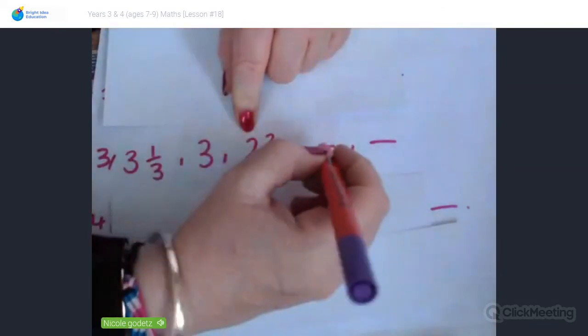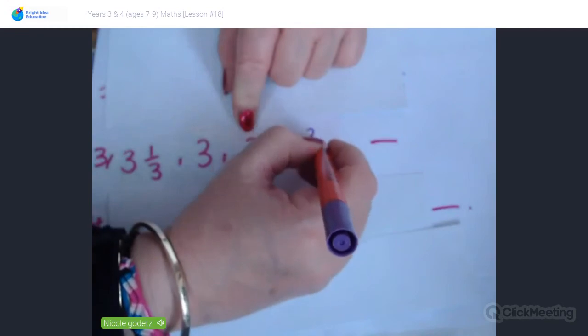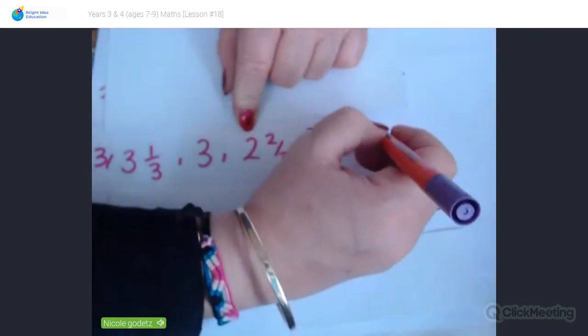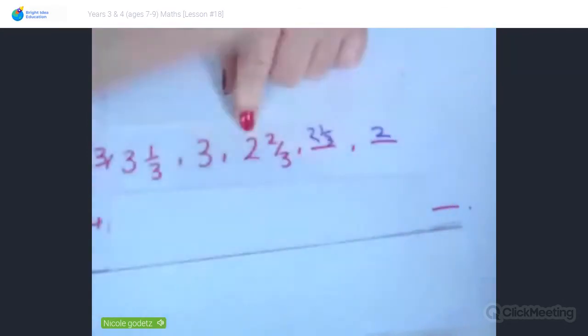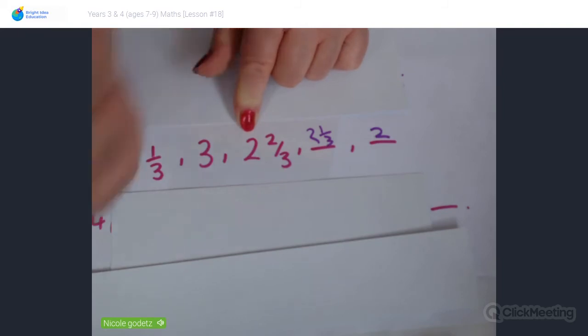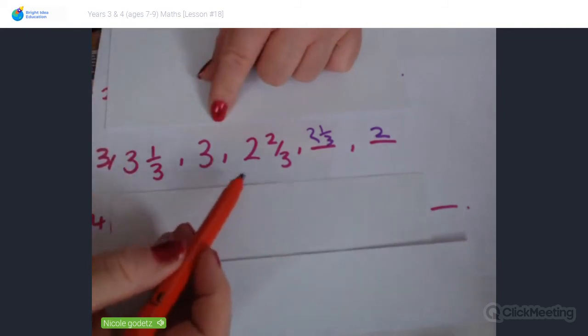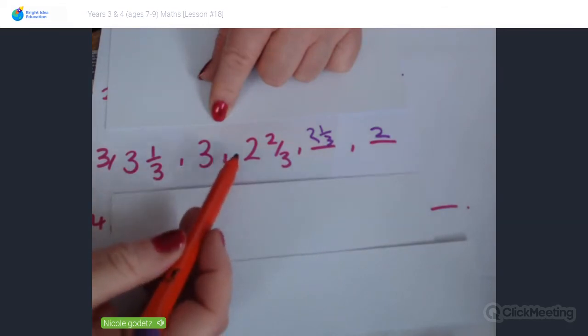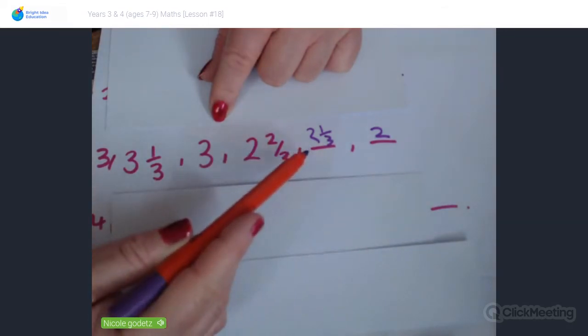So next it's going to be 2 1/3, and then it's going to be 2. Well done. We are counting back. It's like a number line, so we're taking away a third each time: 3 1/3, 3, 2 2/3, 2 1/3, 2.